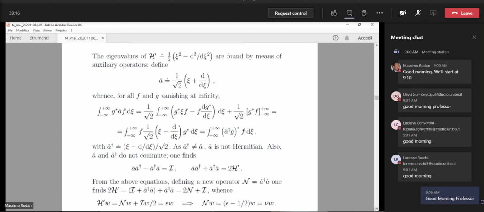So for this, we take any two functions, f and g, that vanish at infinity, so they fulfill the normalization condition. And we calculate the integral from minus infinity to plus infinity of g star, followed by a applied onto f.